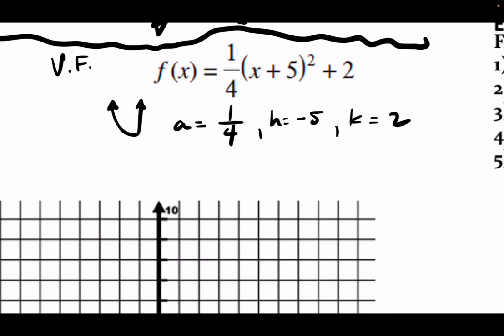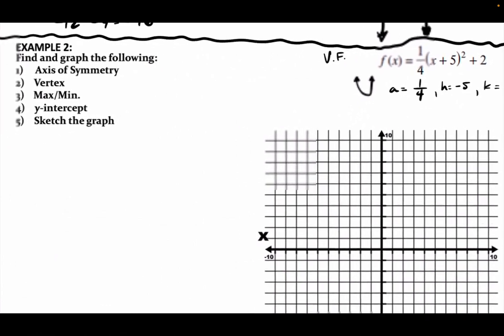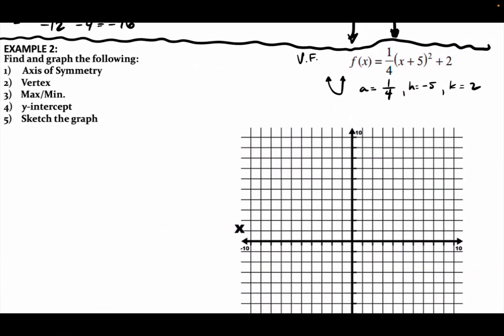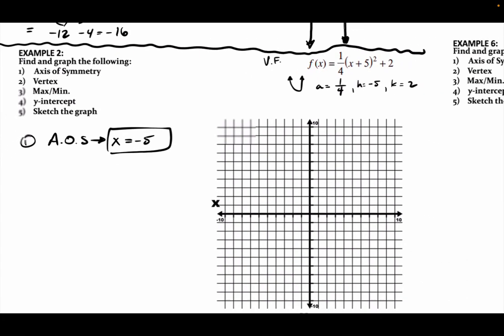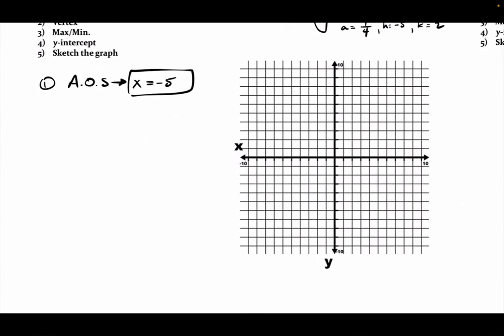Okay, go follow the instructions. A, axis of symmetry. Since we said it was vertex form, we're going to follow these instructions. So that means H. H is -5, so that's our axis of symmetry, -5. So let me get my green line.